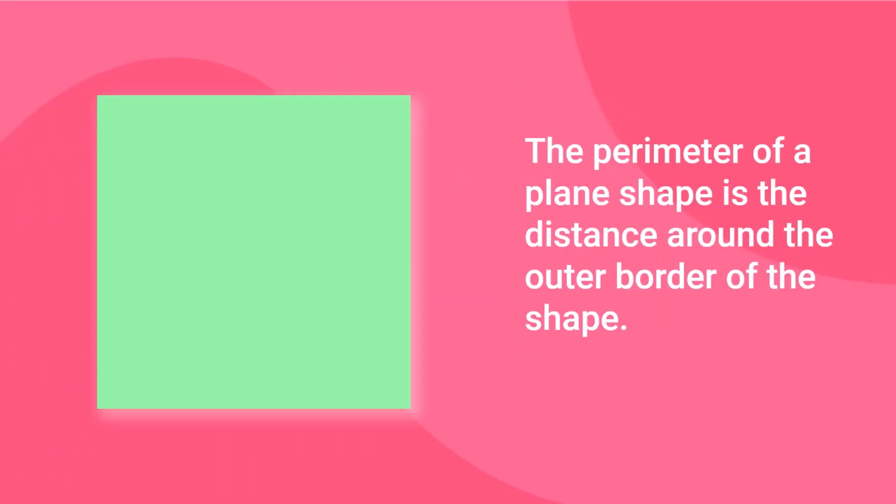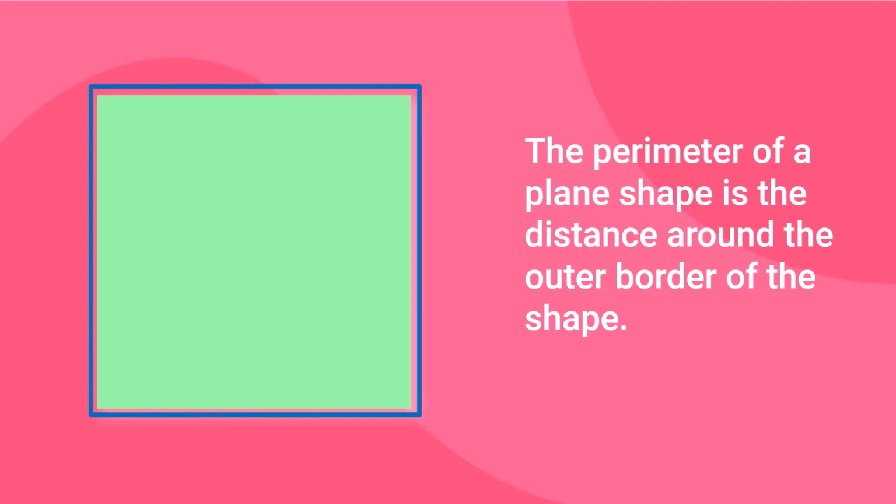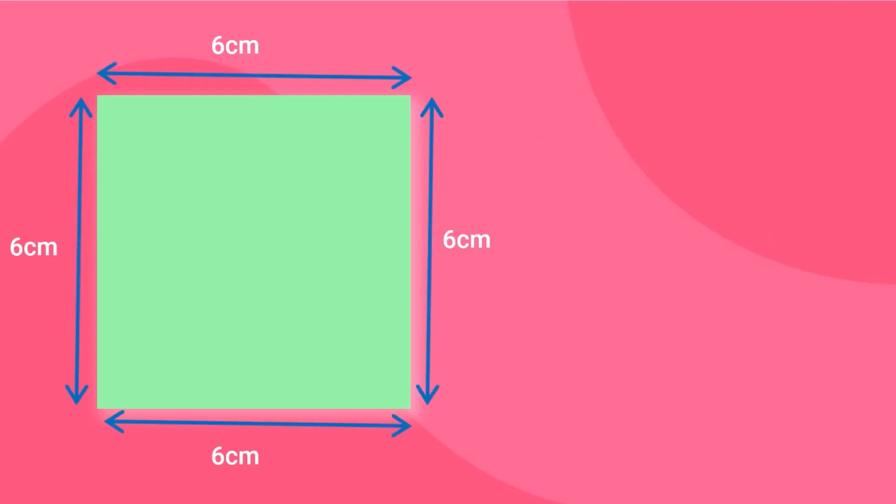The perimeter of a plane shape is the distance around the outer border of the shape. Now, how do we calculate a perimeter? Let's look at an example. If a square has 6 cm as the length of each of its sides, what would be its perimeter?